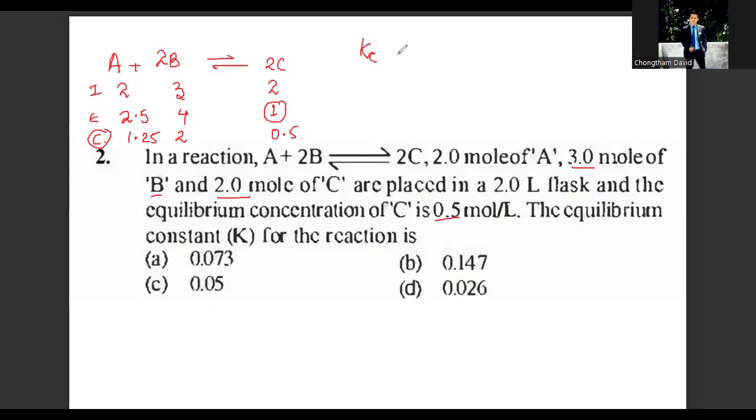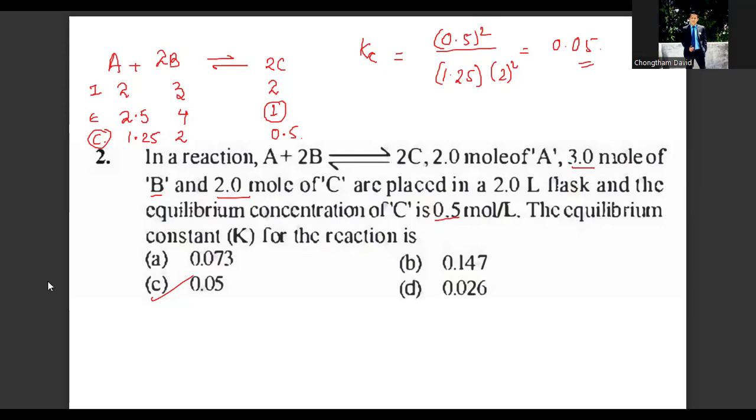Applying the law of chemical equilibrium, the equilibrium constant Kc should be equal to 0.5 squared divided by 1.25 times 2 squared. So you can cancel by 5, 5 into 25 is 125, and into square will be approximately 50.05. So option C would be the answer to question number 2.